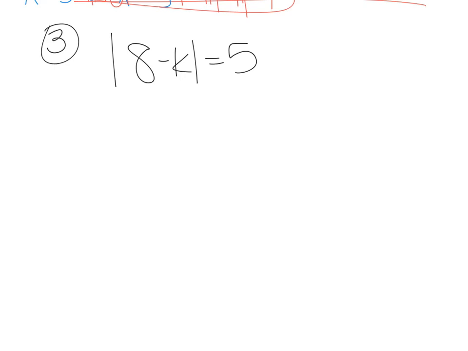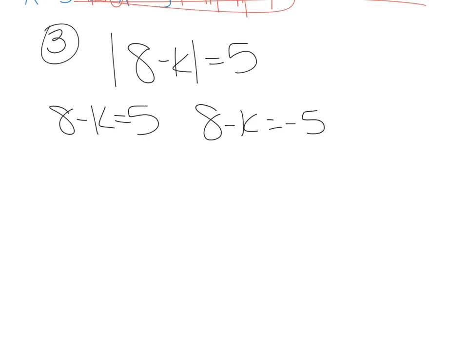Whatever's inside here has an absolute value of 5. Whatever's inside here is 5 steps away from 0. So that means whatever's inside here could either be 5, because 5 is 5 steps to the right of 0, or it could be negative 5, because negative 5 is 5 steps to the left of 0.